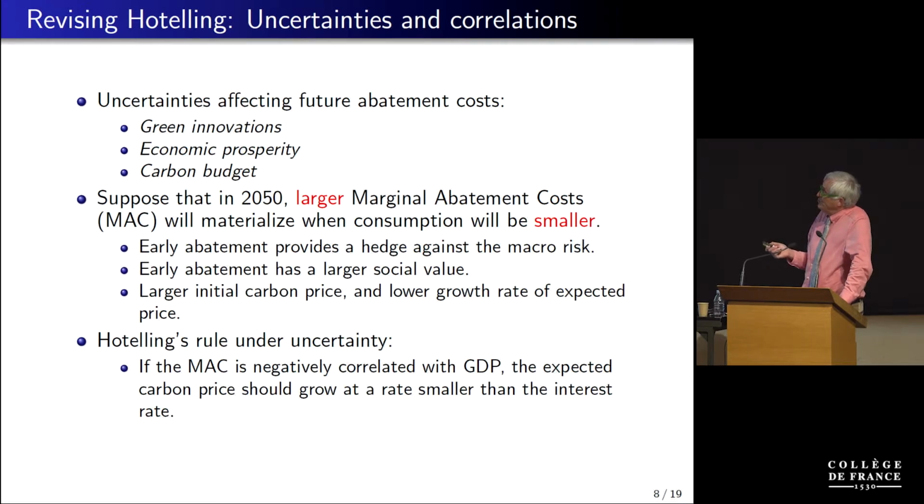Of course, the issue, exactly as this morning in Rick's presentation, the most important issue then is to determine whether there is a positive or a negative correlation between consumption and future marginal abatement cost. Okay, and there I will tell you the problem.